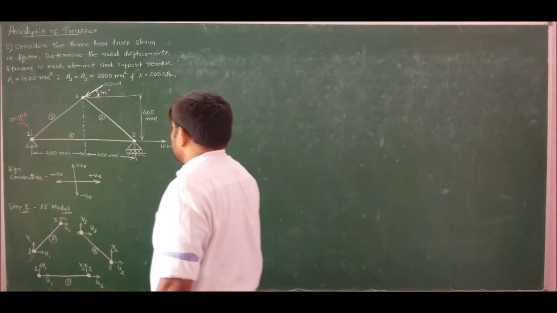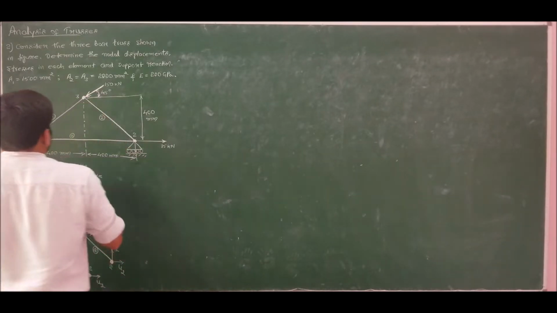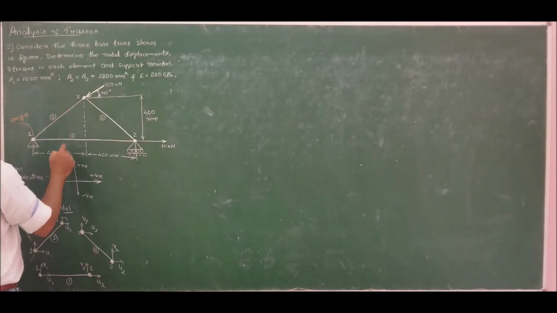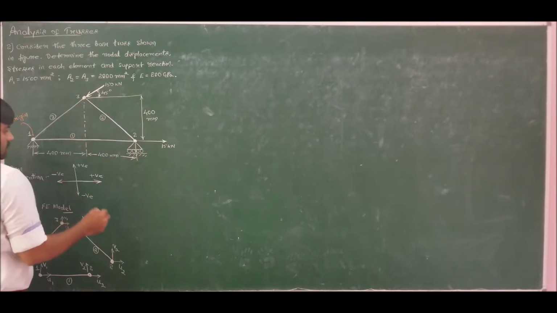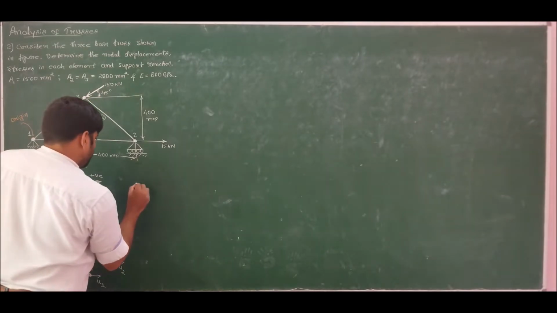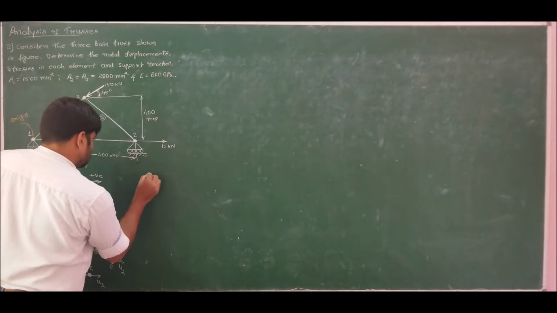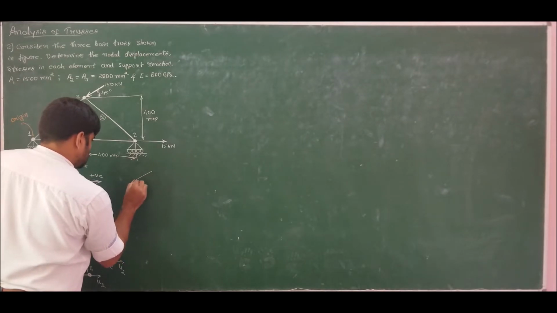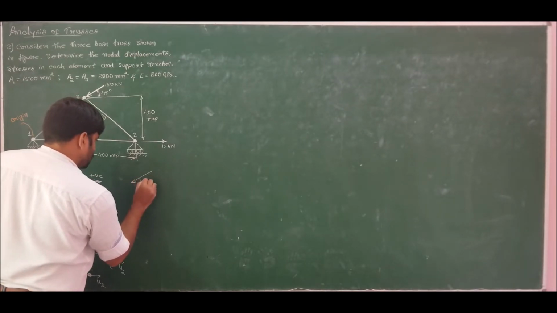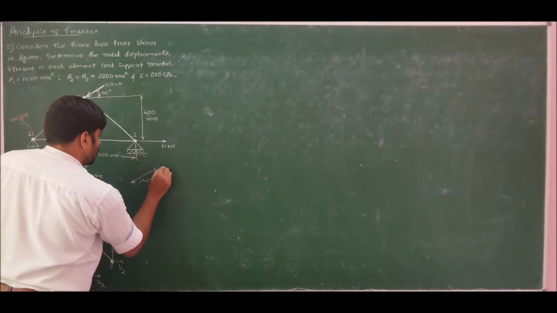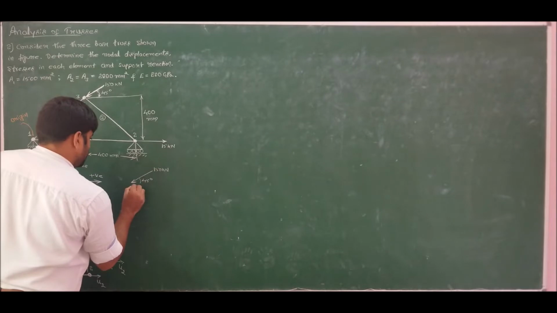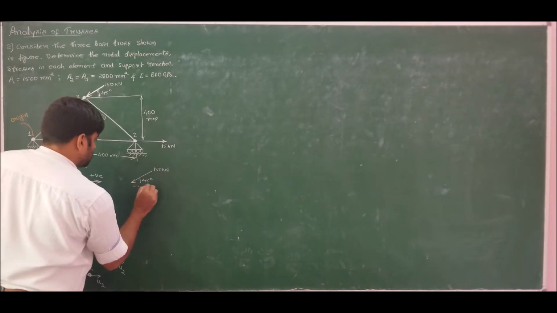Apart from that, if you observe the loading condition at node number 3, since it is inclined at an angle of 45 degrees, we resolve the load. The load is like this at an angle of 45 degrees, whose magnitude is 150 kilonewtons. If I resolve, I will get forces like this.